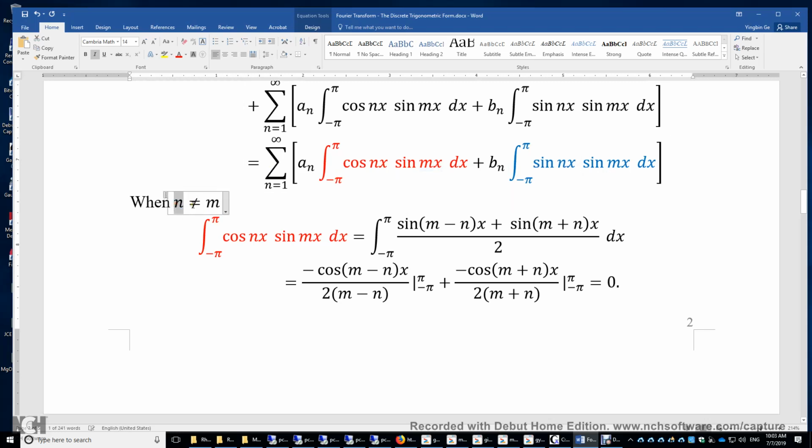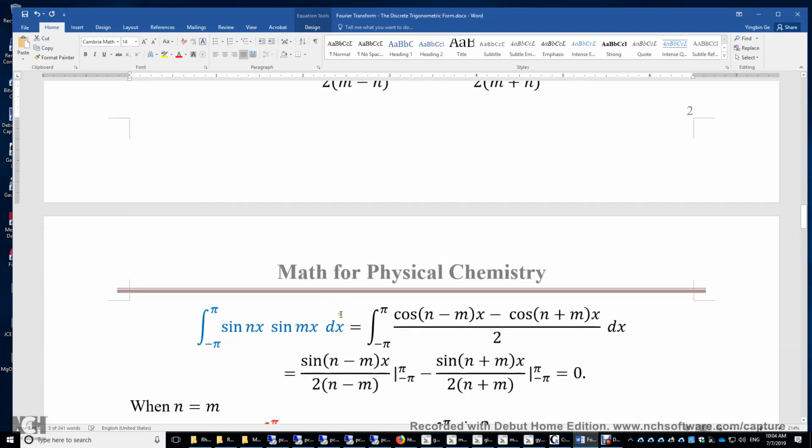If n is different from m, the product of cosine and sine functions can be written into the sum of two different sine functions over 2. We integrate both sides, we get cosine functions. Again, cosine functions are even functions. So if you plug in negative pi or pi into the cosine function, the value is the same. Therefore, this integral value is 0. This one is 0. Overall, the result is 0 for this integral in red if n is different from m.